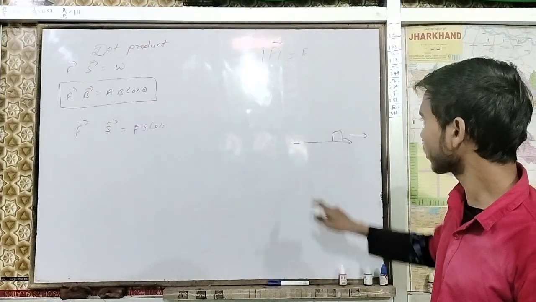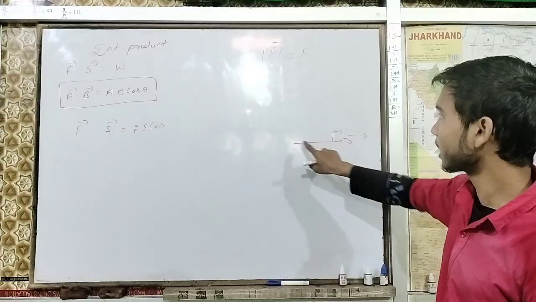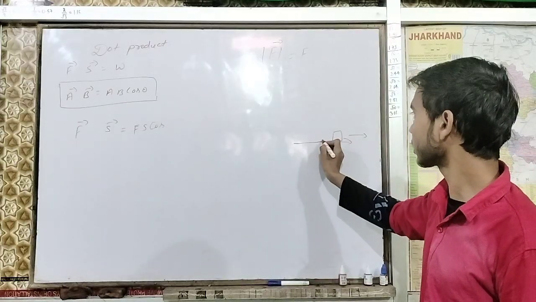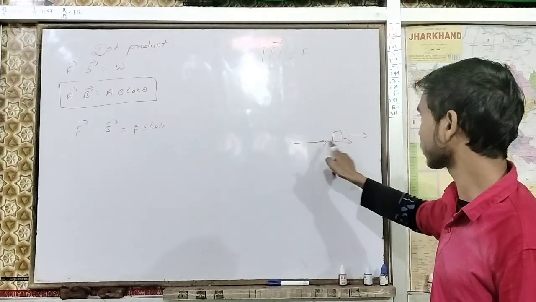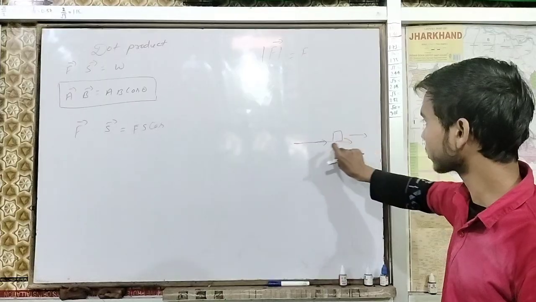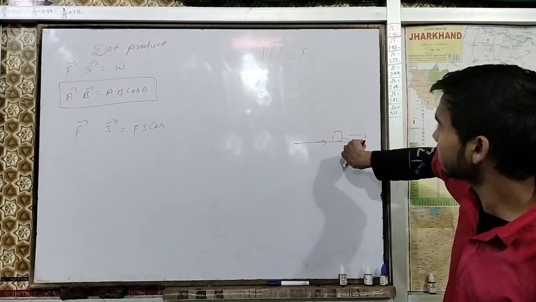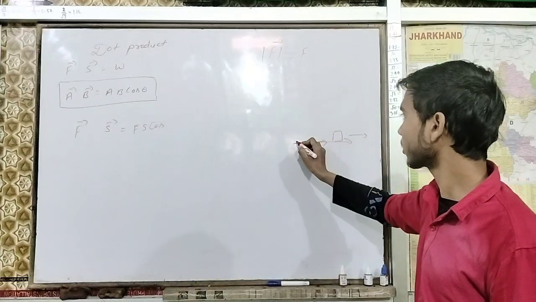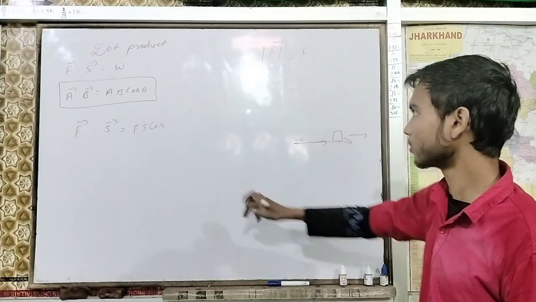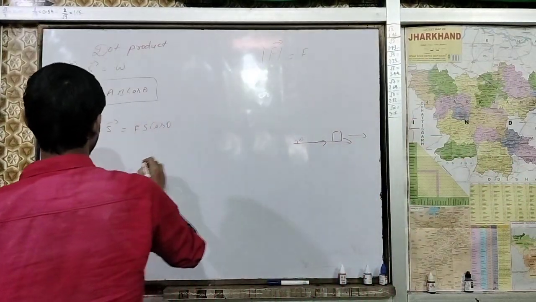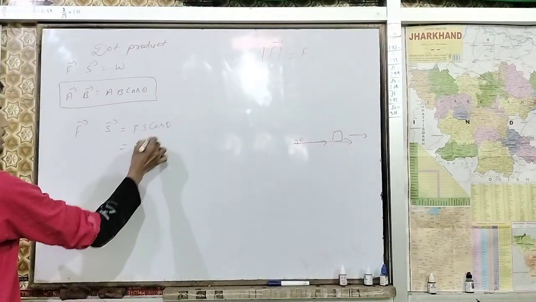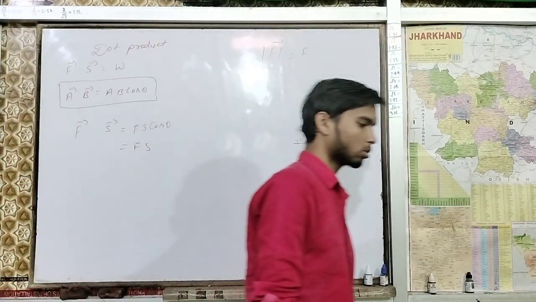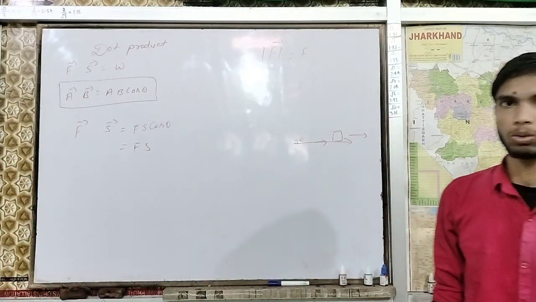So what is happening over here? Theta is coming. The rotation is the same. If force is being applied in this direction, then of course the box will move in the same direction. So here our theta is coming 0. We will apply 0 over here. So finally, F S and cos theta with 0 is what? 1.